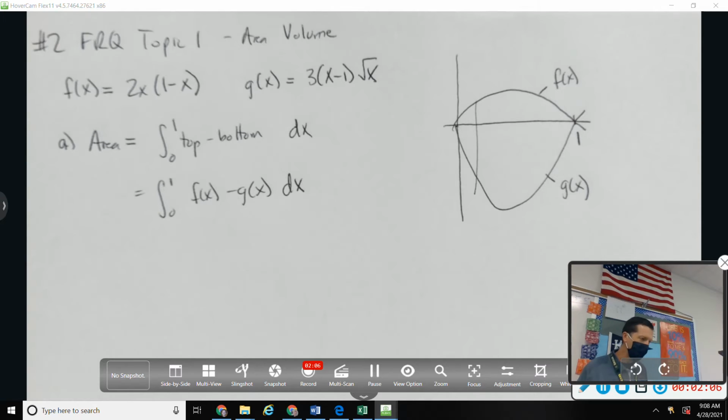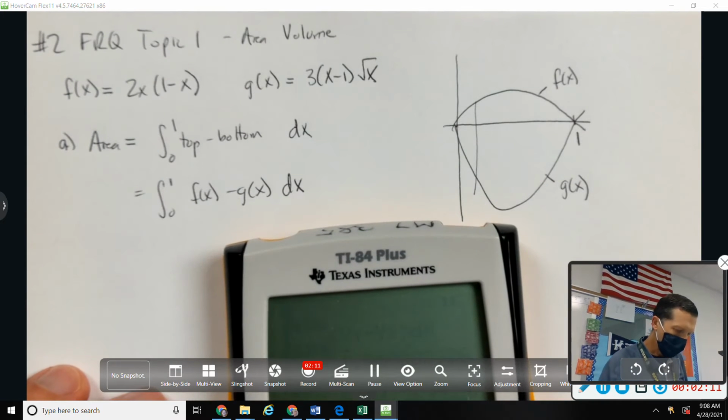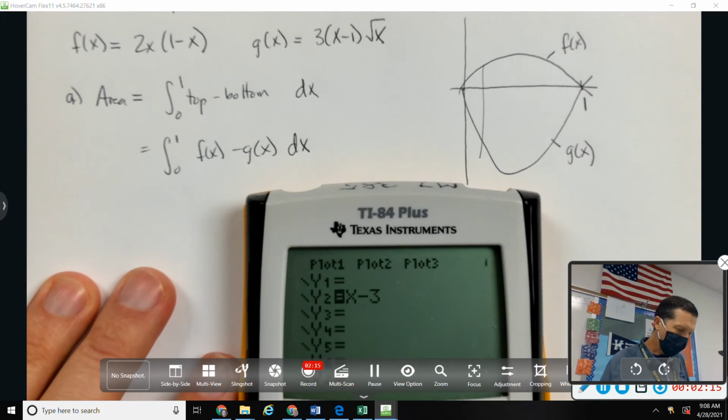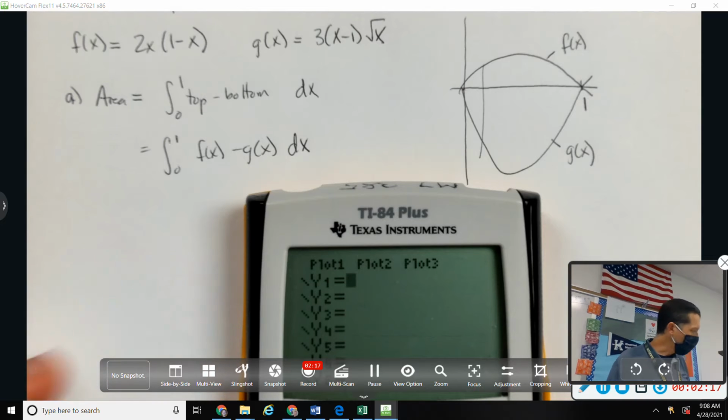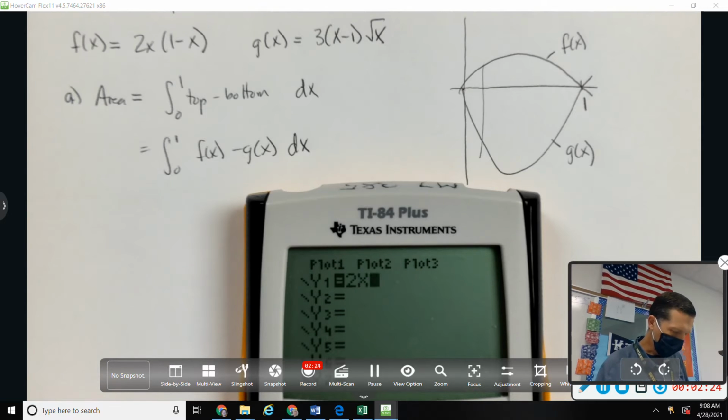Now I'll let the calculator handle the yucky stuff. Again, this one I'm pretty sure I want to put in for y1 and y2 because I'm probably going to be using f and g the whole problem.